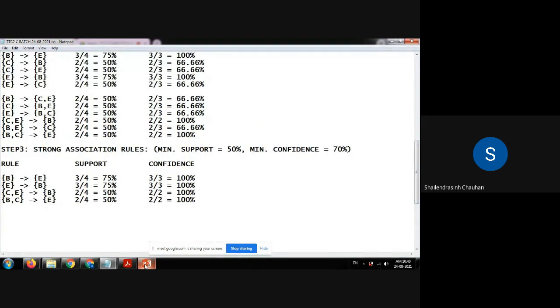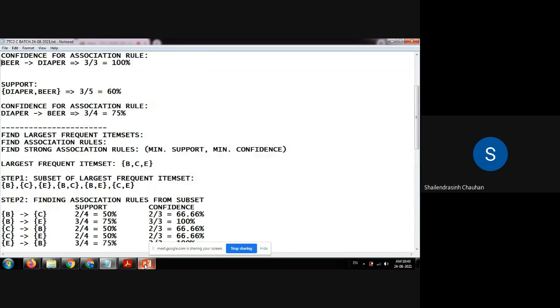And so again repeating this thing that whenever you are asked to find out association rules, first you need to find out largest frequent item set. Then based on largest frequent item set, you need to find out this rule. So if you are asked to find out association rules, then you need to find out largest frequent item set first.